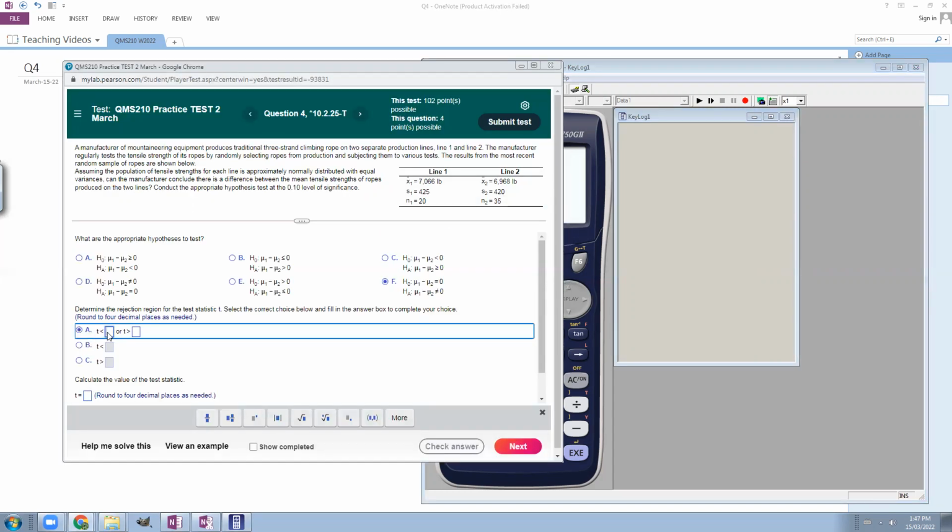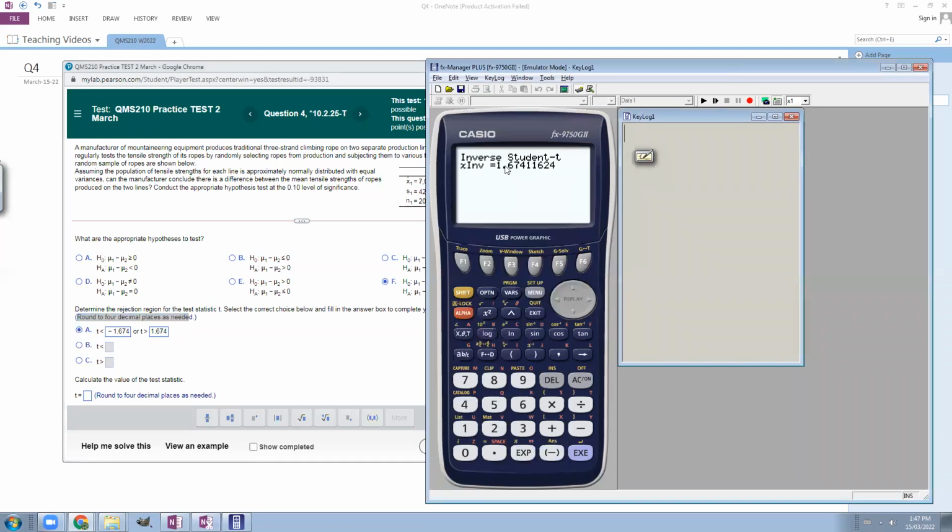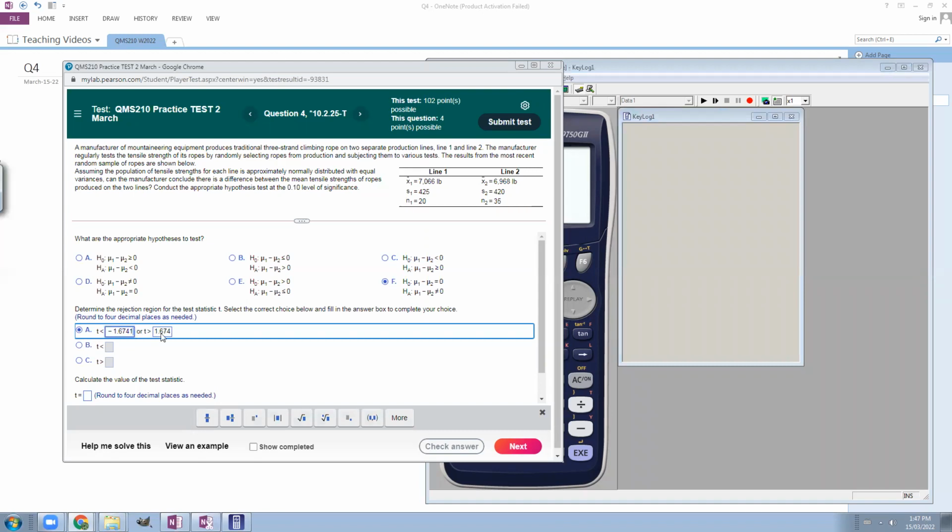So when t is less than negative 1.6741 or greater than positive 1.6741. It wants 4 decimal places. Pay very close attention to how many decimal places it wants. So we have to keep the 4th decimal place.